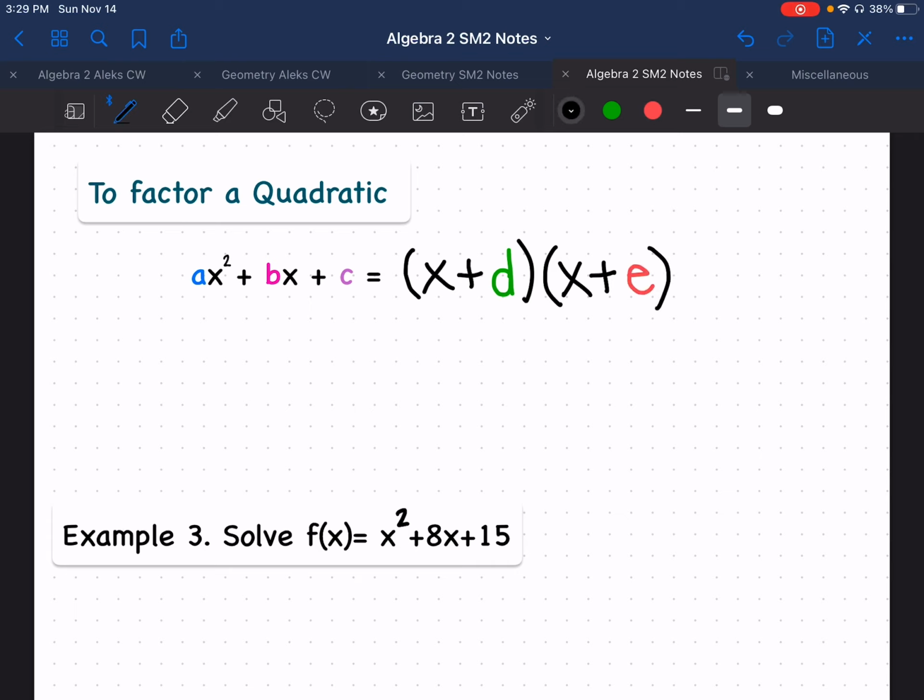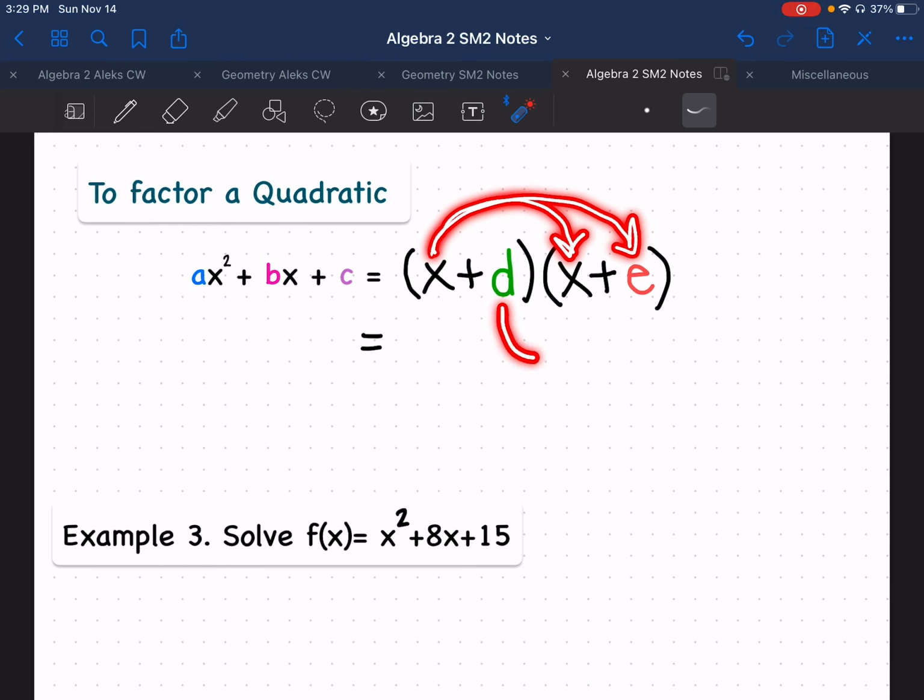Okay. Now, if I were to actually multiply this out, here is what I would get. I can use the FOIL method, first, outer, inner, last, or I can use the double distributive method where I'm going to multiply x times x and x times e, and then I'm going to multiply d times x and d times e.